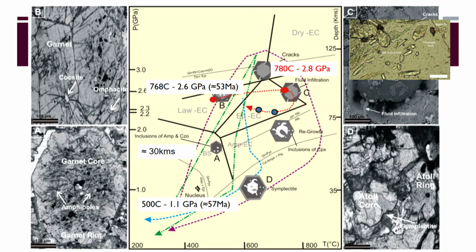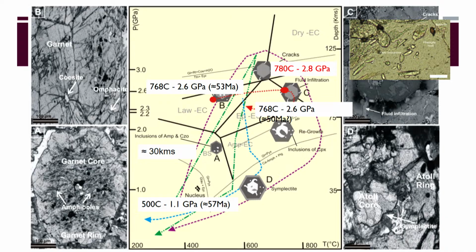This is my thin section, so you have a lot of fluid inclusions, and especially phengite, which probably starts to break down and give rise to the formation of fluids, and then you start having what we know as fluid infiltration within the garnets to then go on to form atolls. Okay, so this is primarily at a lower temperature on the way back, as these rocks are getting exhumed.